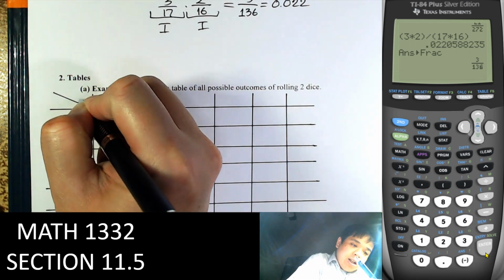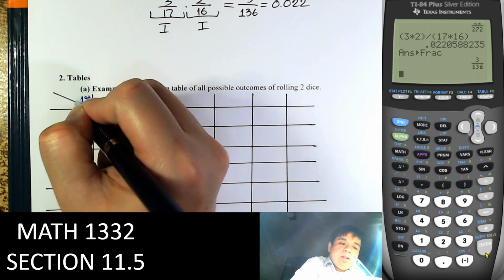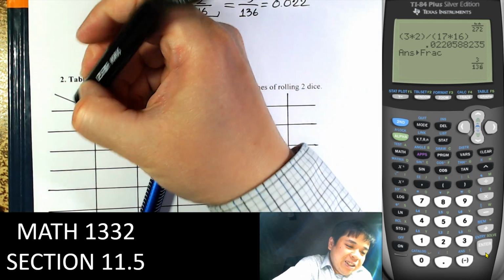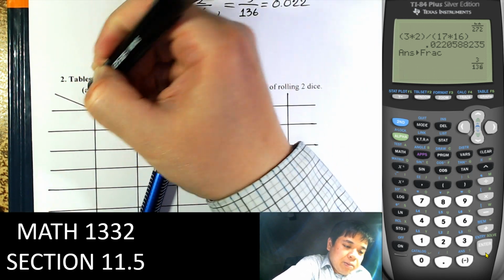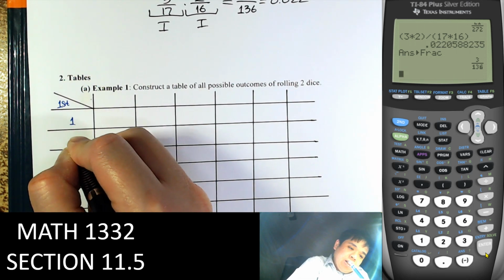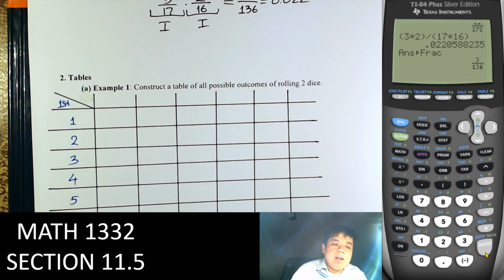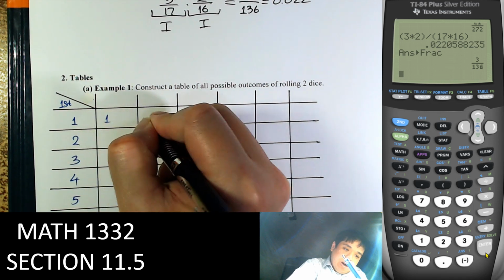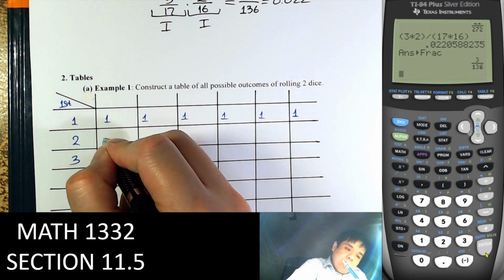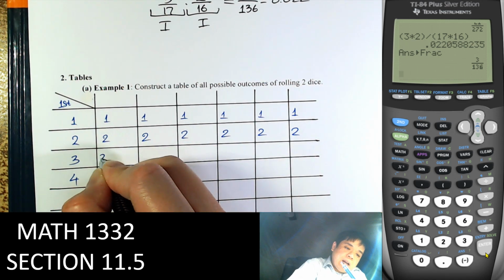Actually, this is the first line. Actually, let's make that the second line. First line is here. First line can have 1, 2, 3, 4, 5, 6. So the first die I can get 1 or 2. Of course, we can draw a tree diagram here, but that will be very crowded.